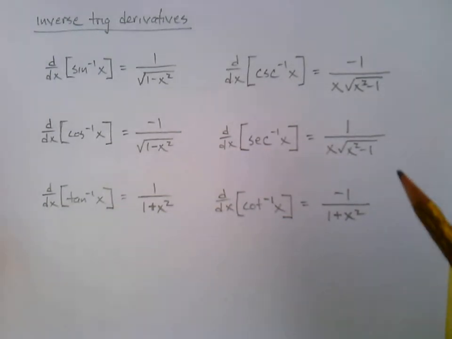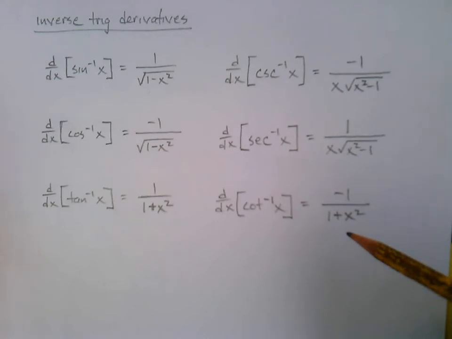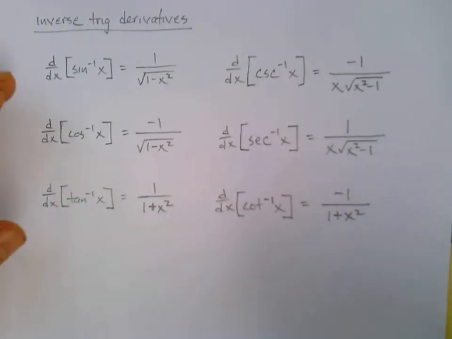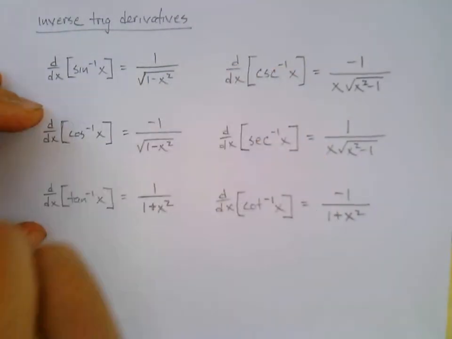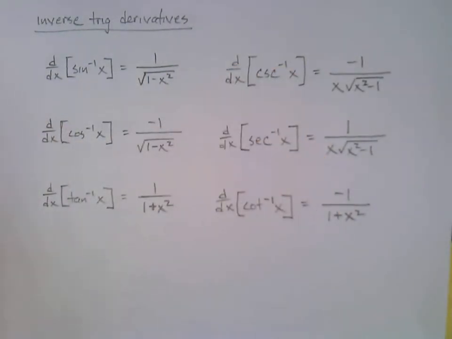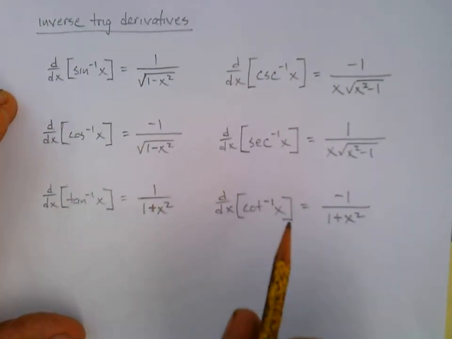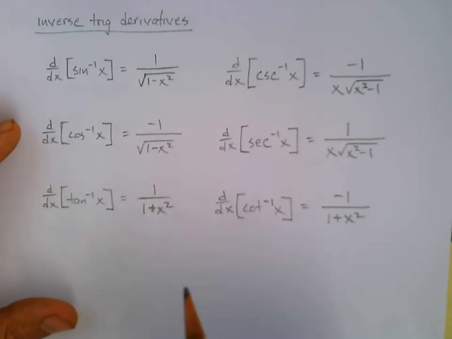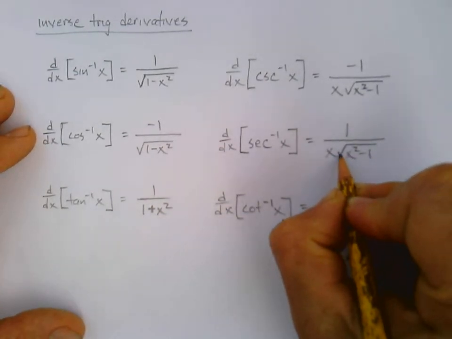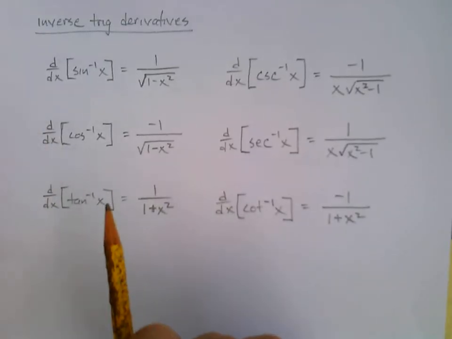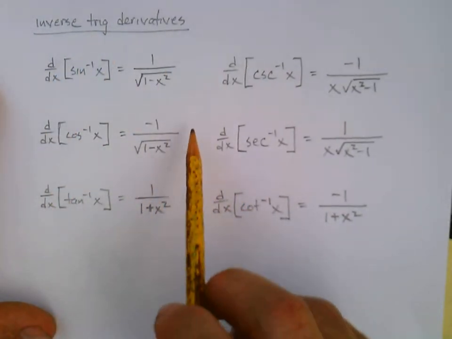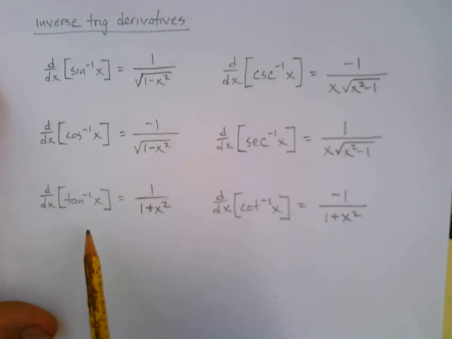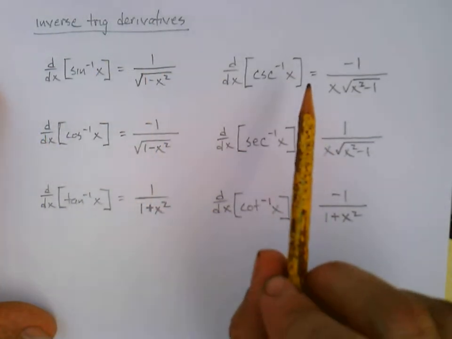So again, here, we just got to know these at the end of the day. I should back up. I do expect you to memorize these. You need to memorize these. The ones you really need to memorize are the first three. These come up by far the most, these derivatives, compared to these other ones.